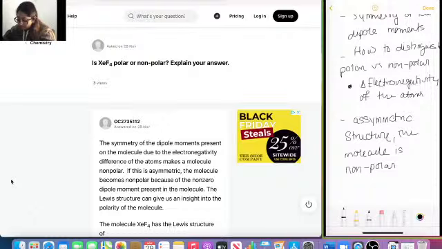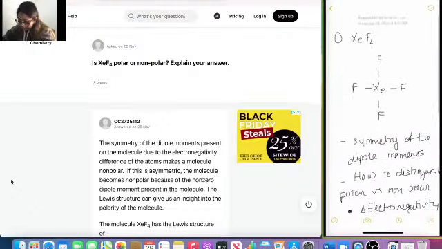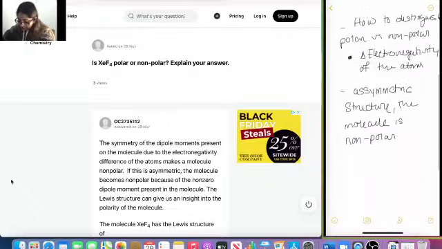And since we have 4 xenon and fluorine bonds, they will eventually cancel the dipole moments because of their planar form, right? We can see here that it's basically planar, and the bonds are basically the same, so they will cancel out the dipole.